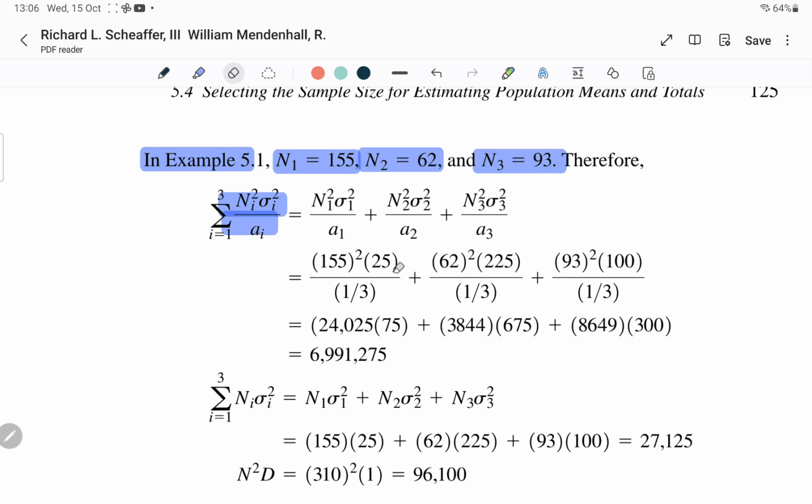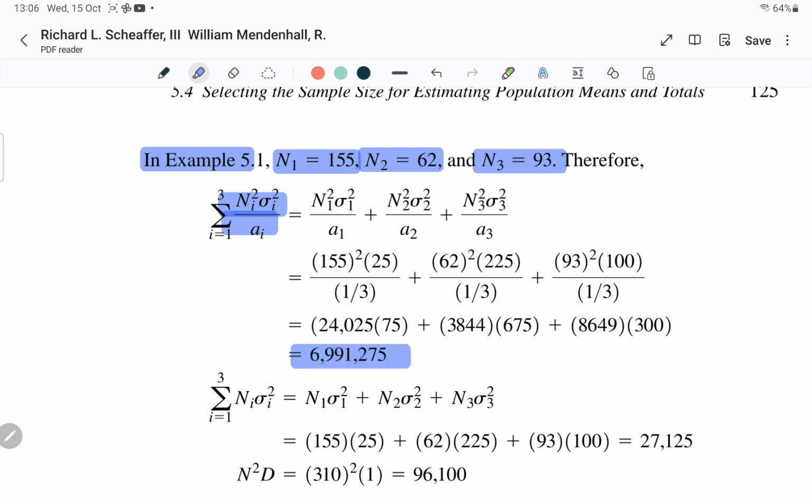So you just need to put all the values. So 155, when you're putting 155, 25 from the given data, sigma 1 square variance, which is given in the example, all the values are mentioned, and ultimately we are obtaining the numerator, this number.